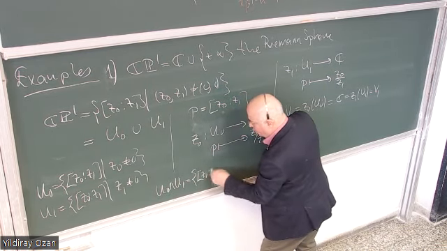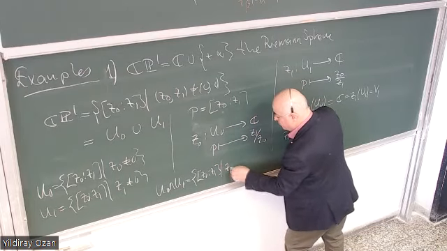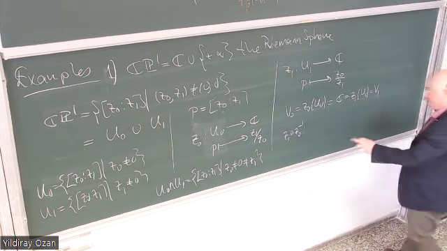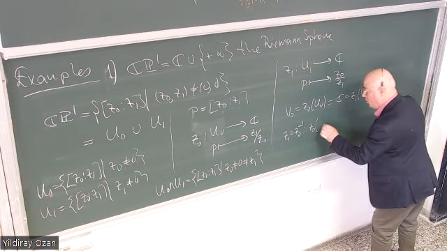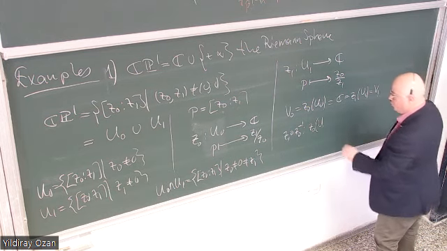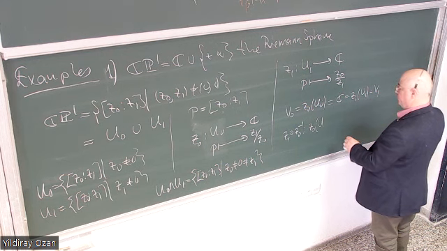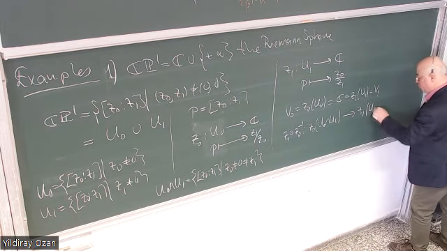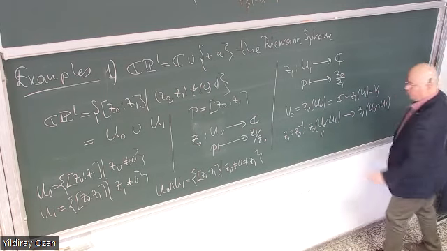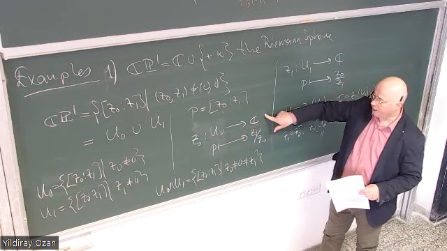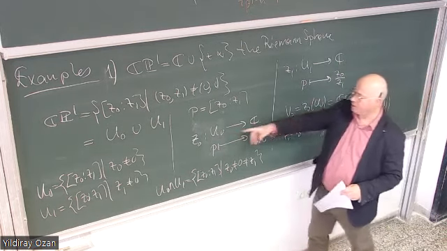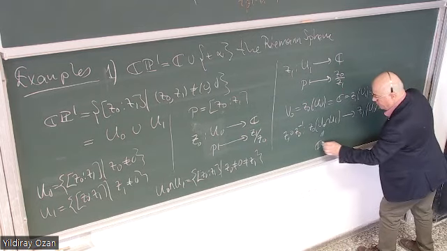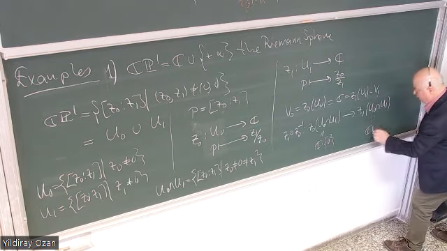It is just Z0, Z1, where both coordinates are non-zero. So this will be defined from Z0 of U0 intersect U1 into Z1 of U0 intersect U1. The image of this is all of C, and the image of the other is all of C. But when I take the intersection of the two, I throw away a point from each: the origin. So this is actually C minus 0, and this is also C minus 0.